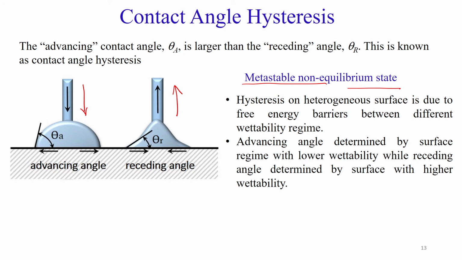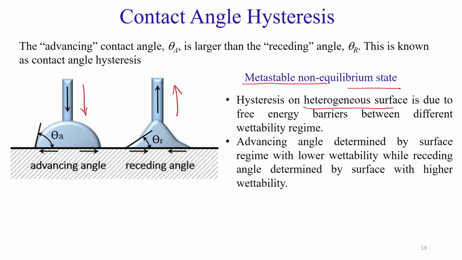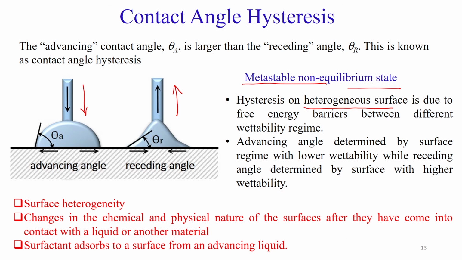So, if we perform contact angle hysteresis on a surface and we see a significant difference between the advancing contact angle and the receding contact angle, it says there is a heterogeneity on the surface. The first thing we can infer is that there is a surface heterogeneity. It may be physical heterogeneity, it may be chemical heterogeneity, but ultimately it is coming from a difference in the free energy.